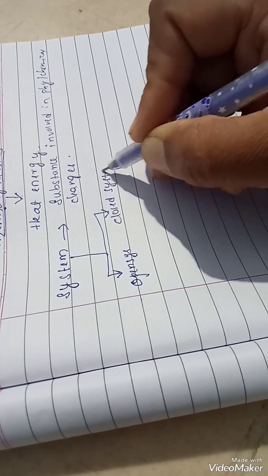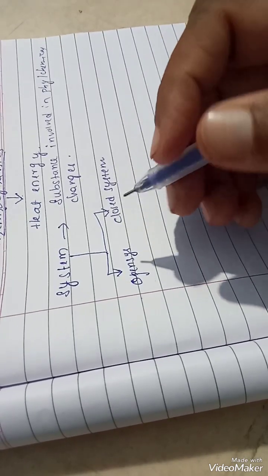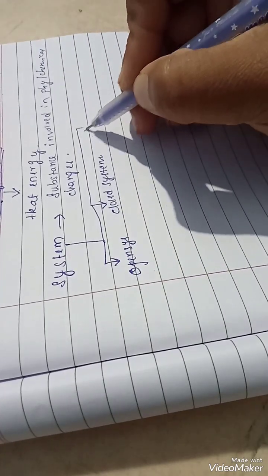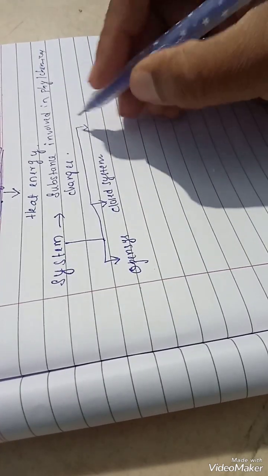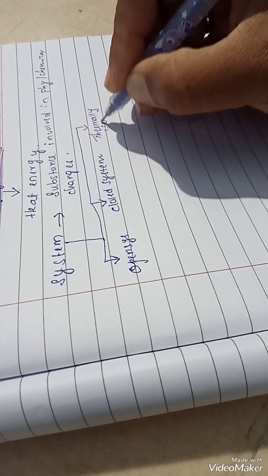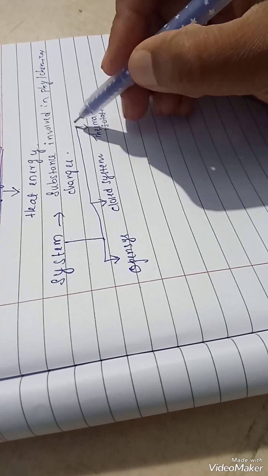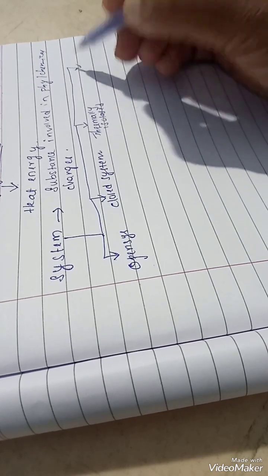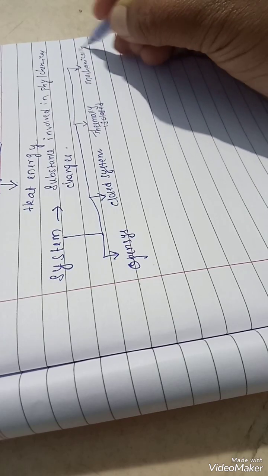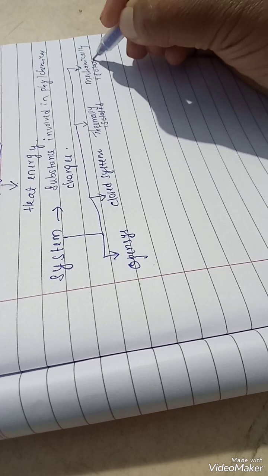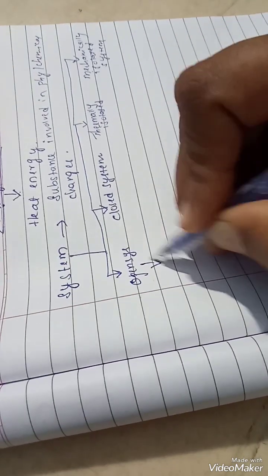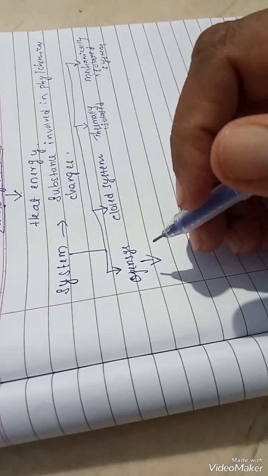Such a system is of open system and closed system. At the same time, we will have thermally isolated system, as well as we will have mechanically isolated system, right? So first let us move for open system.